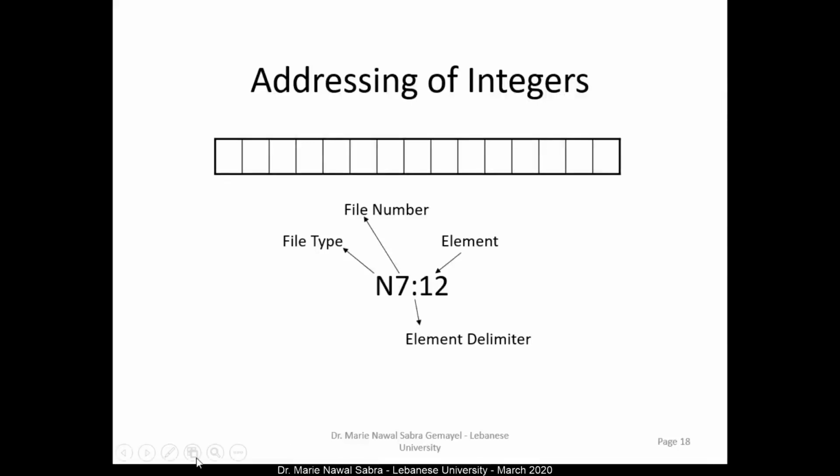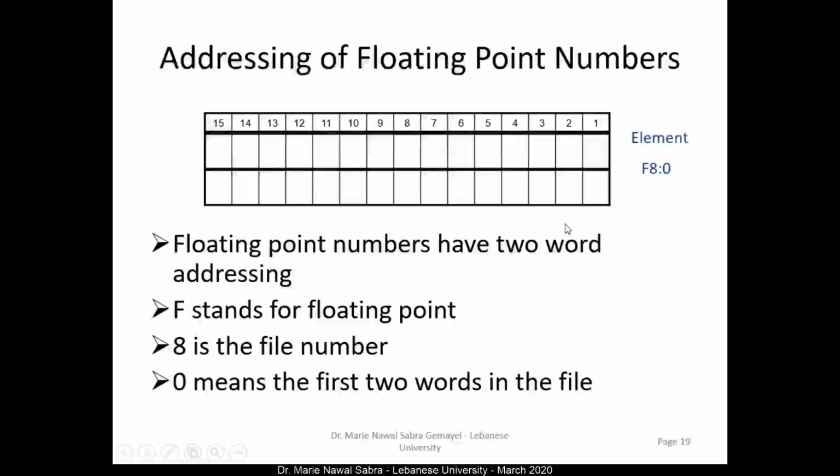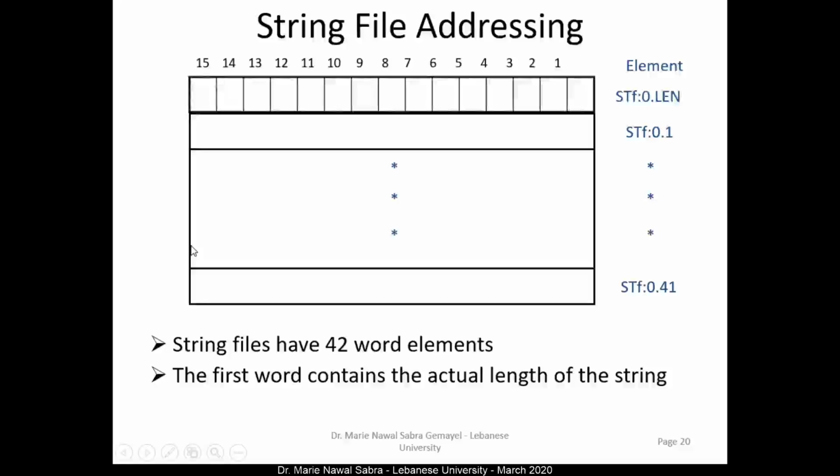So I don't have a dot or a slash after that because it addresses exactly one word in the memory. The floating point addresses two words in memory, and I have the address of a floating point which reserves directly two addresses, and the second element of a floating number is going to start two addresses after that.